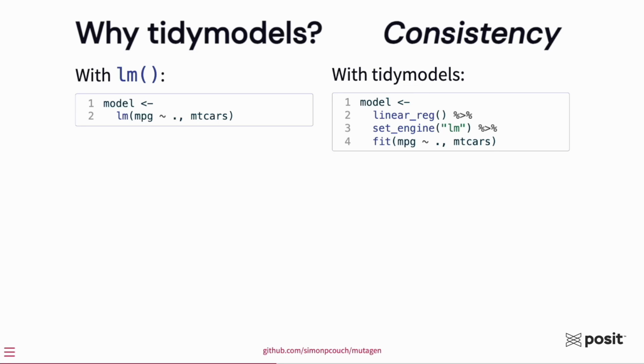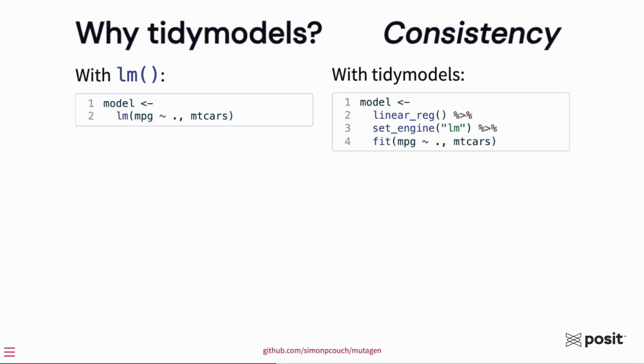We're saying we want to use all of the predictors in the mtcars data to predict the outcome, which is the miles per gallon, or MPG. And to do so, we'll use the mtcars data. On the right-hand side, the code does the same thing, except the tidy models wrapper has been dropped on top of that function.